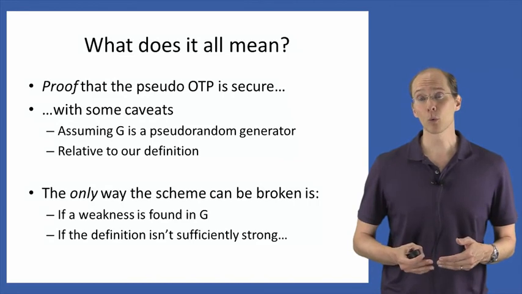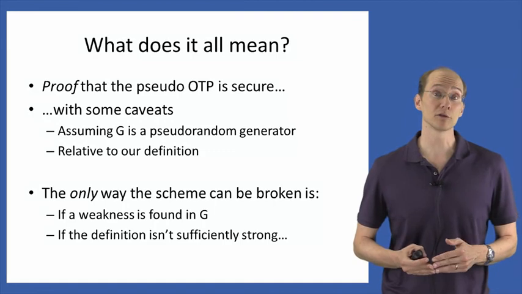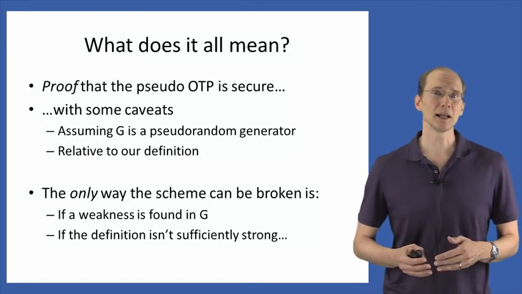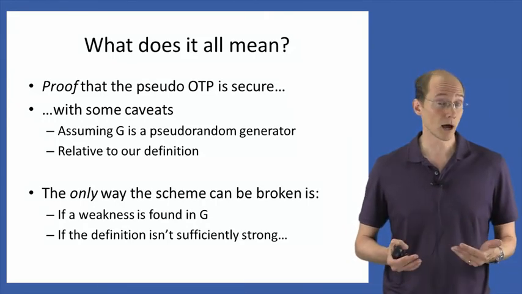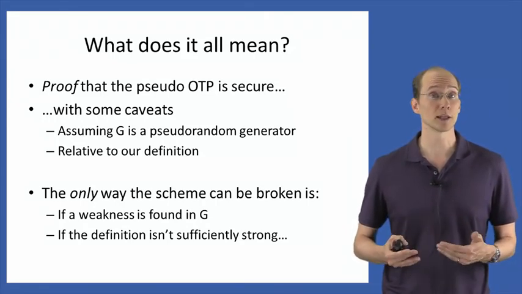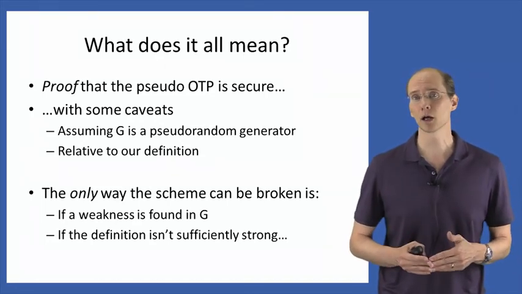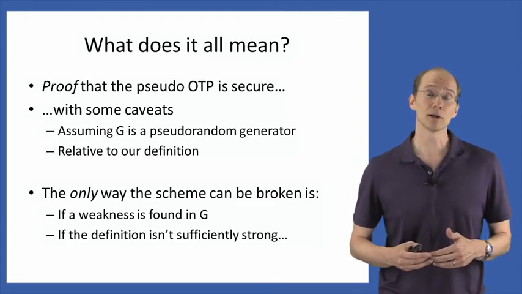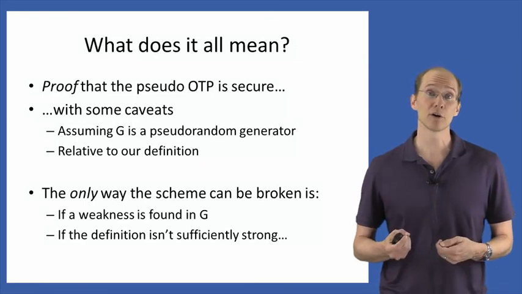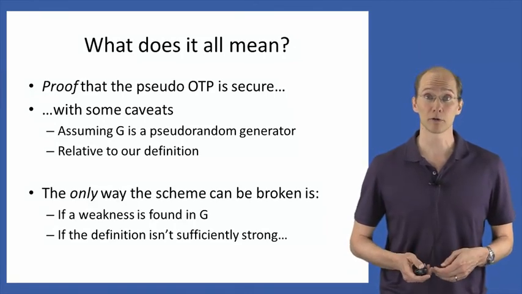However, for the most part, what an implementer would do is choose some standard algorithm G, which is widely believed to be a pseudorandom generator, and it's therefore relatively unlikely that weaknesses will be found in G. This is obviously more true when G is something that's stood the test of time and been analyzed a lot longer, but nevertheless, it's relatively speaking unlikely for weaknesses to be found in G. And moreover, if a weakness is found in some particular function G, then the implementer can always swap out that function G for another function G prime that's believed to be more secure as a pseudorandom generator.